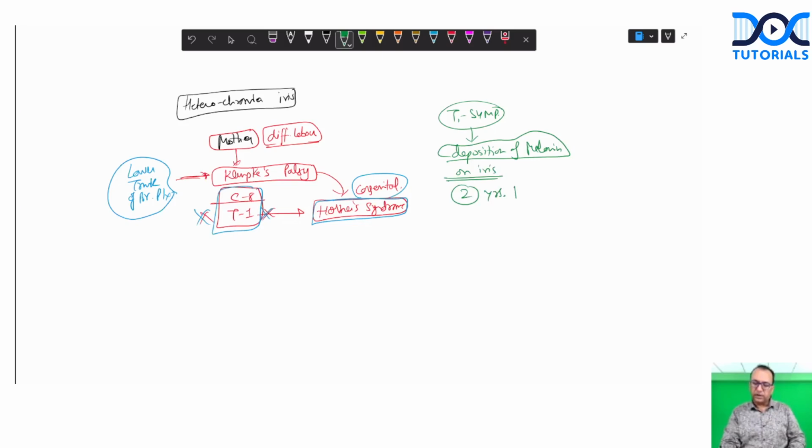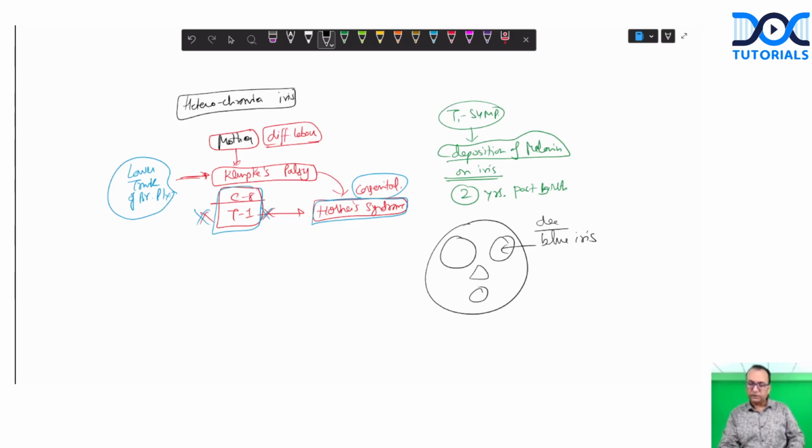It takes 2 years for that post birth. Now, look at a baby who is born, a newborn baby. You'll find all the newborn babies in this world will have blue iris, deep blue iris. Sometimes light can also be there, but they are blue. In Indians, it is deep blue.